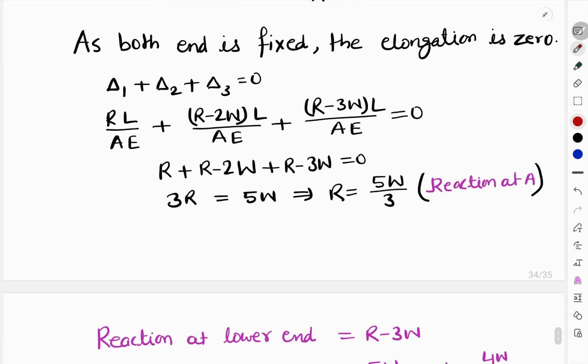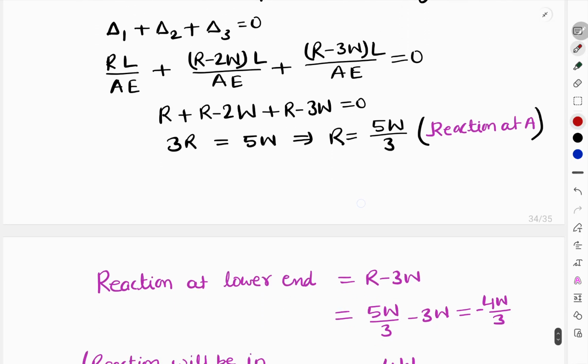Now apply PL by AE, the formula for elongation. For the first section, load R is applied; for the second, R minus 2W; for the third, R minus 3W. Like this we have calculated, and got R equal to 5W by 3. As we assumed the reaction at point A is R, that R is now calculated: R is 5W by 3.